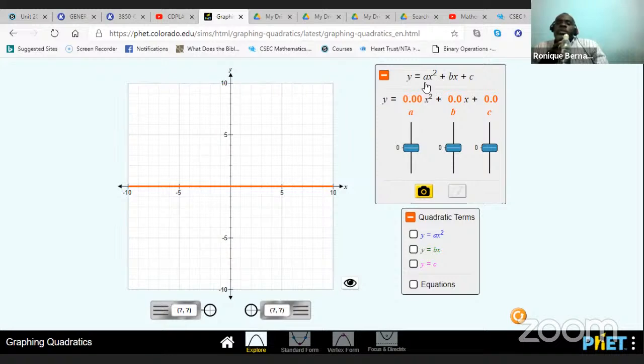All right. So the a and b are called coefficients. Can somebody tell me the definition of coefficients? Do you know? Anybody know the definition of the word coefficient? What does the word coefficient mean?